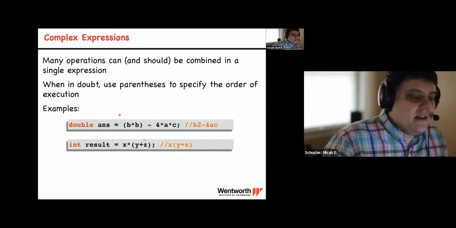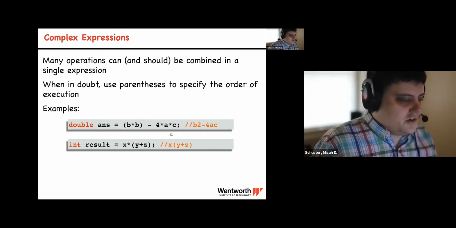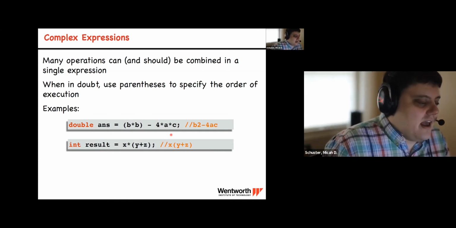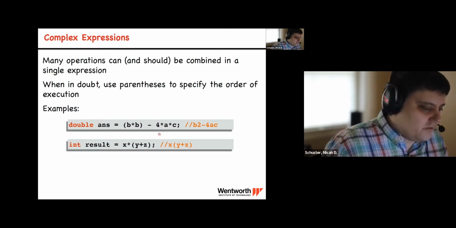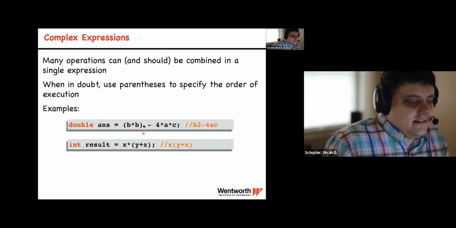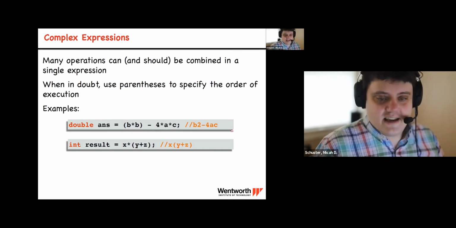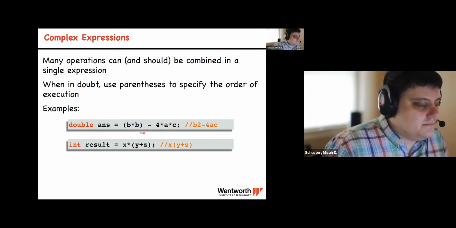As an example, here is the value that would go underneath a square root if you're trying to find the roots of a quadratic. Something like this: b times b minus 4 times a times c. So this would be b squared minus 4ac.